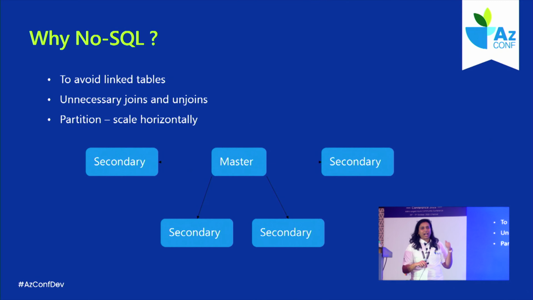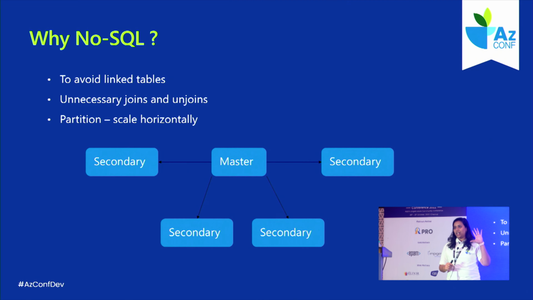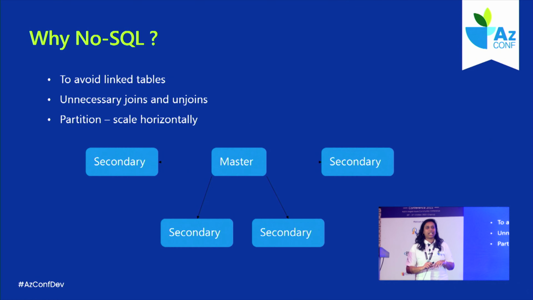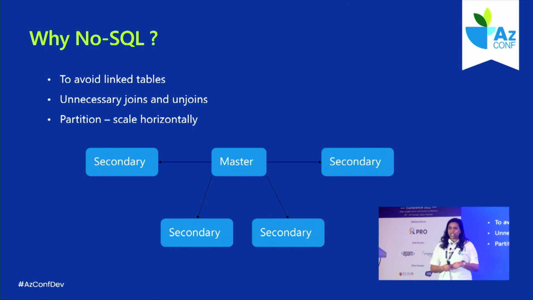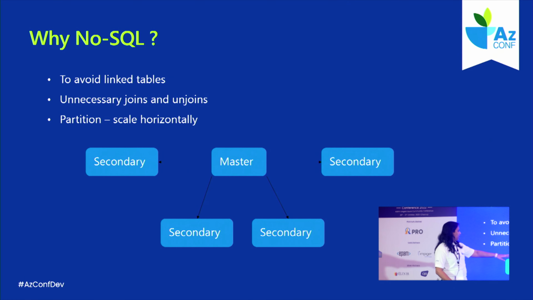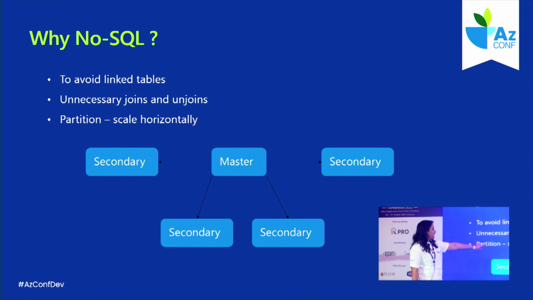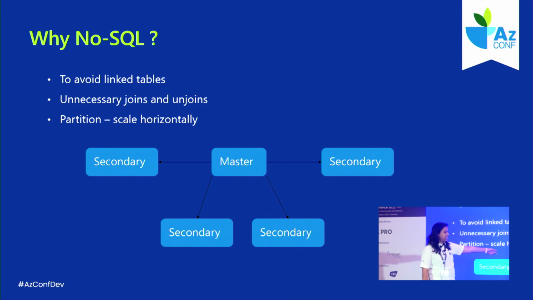The other thing is partition. If you take a SQL database, we scale vertically. If you want to handle requests at the same time, you will increase the database and the storage level. Whereas in NoSQL, you scale horizontally. You select a partition key and the partition. For example, there will be one master node, and the others are horizontally scaled to the master node, and for example we are keeping city name as the partition key.